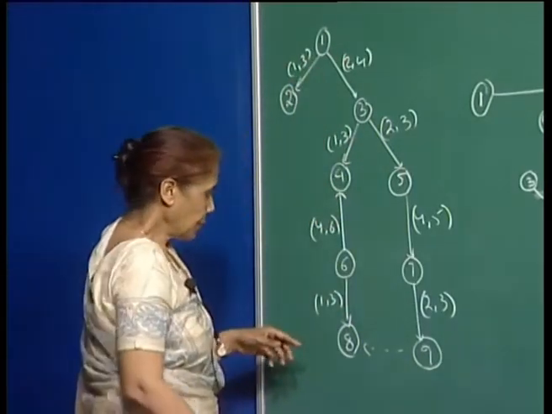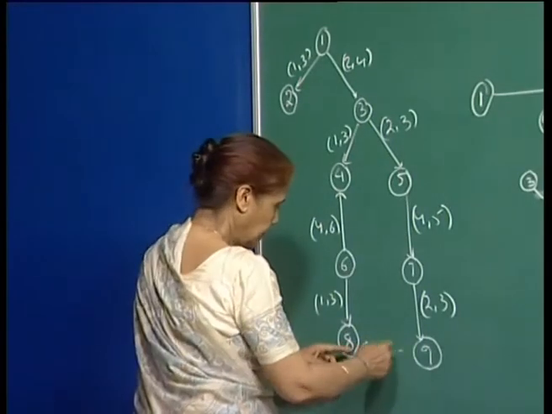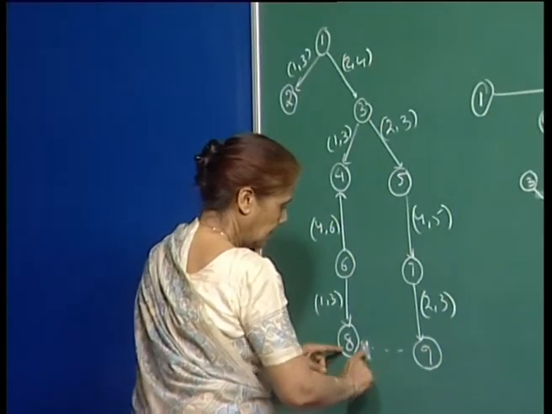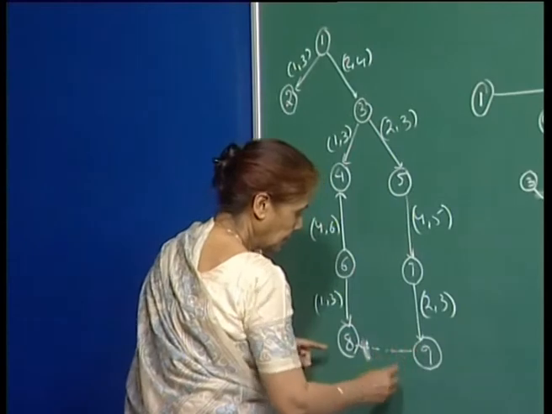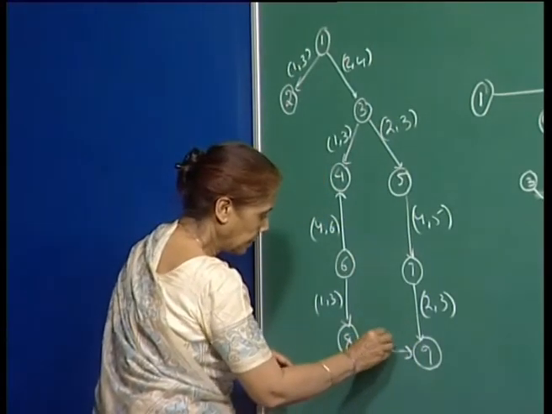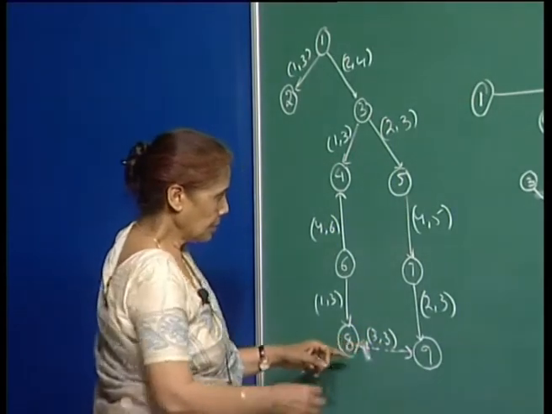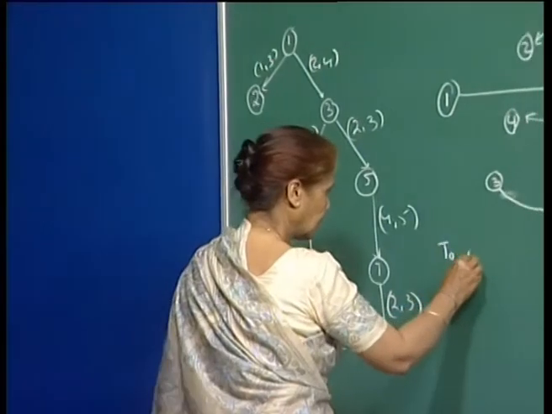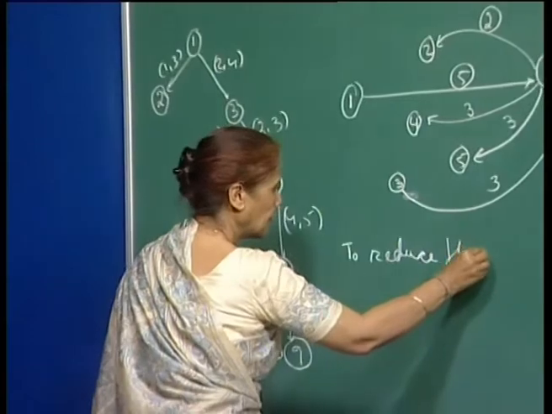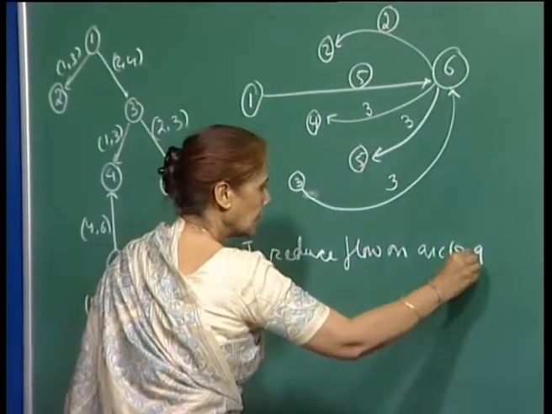So, now I will show you an iteration when suppose the arc 8, 9 is the entering arc. What I want to say here is that suppose the flow is 3, 3, and I have to reduce the flow on arc 8, 9.